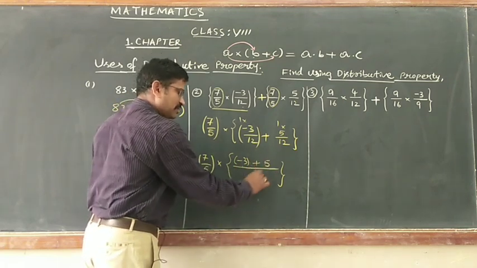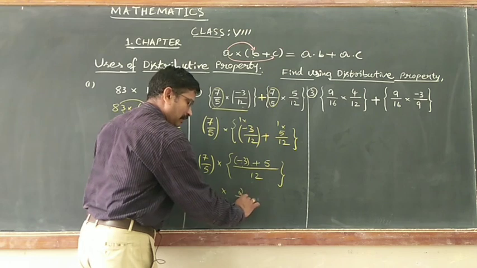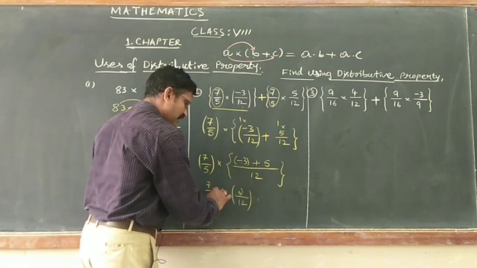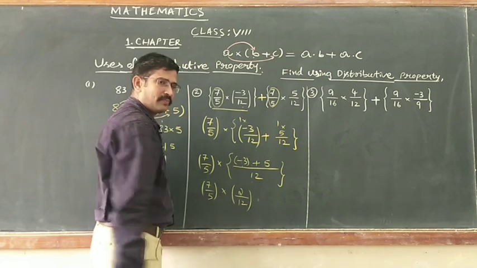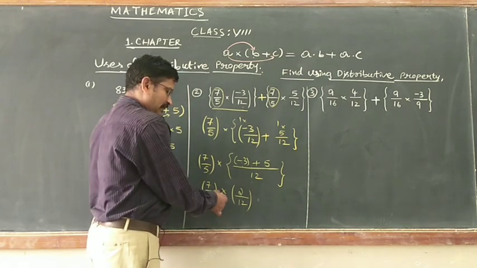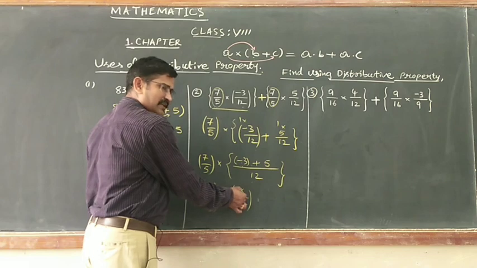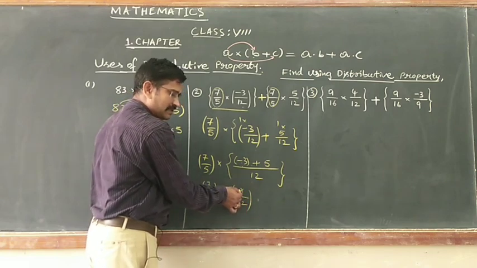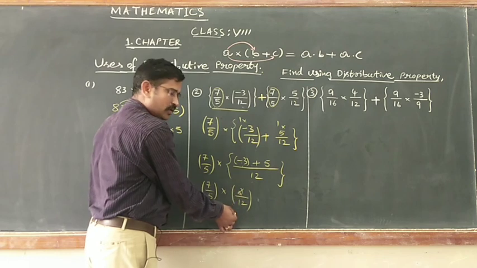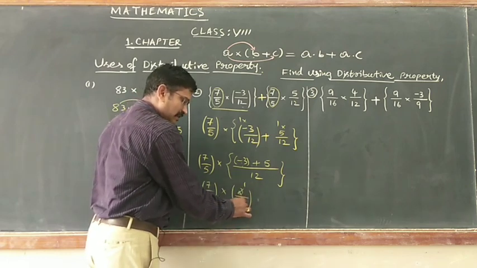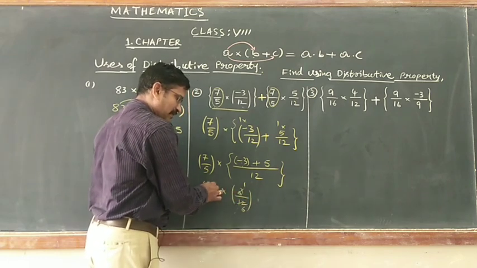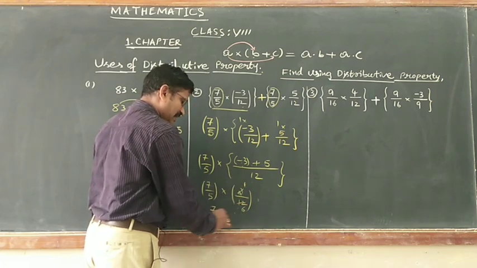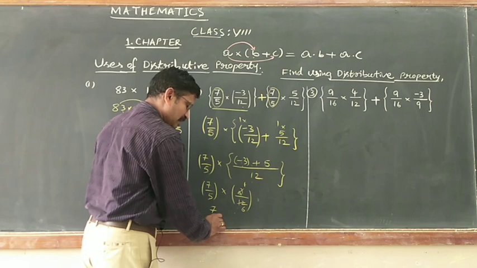Here the simplification of this is 2 upon 12 and multiplied to 7 by 5. Children, here I have a chance of cancellation by the common factor of both 2 and 12: 2 ones are 2, 2 sixes are 12, now 7 ones are 7 upon 5 sixes are 30 is the answer.